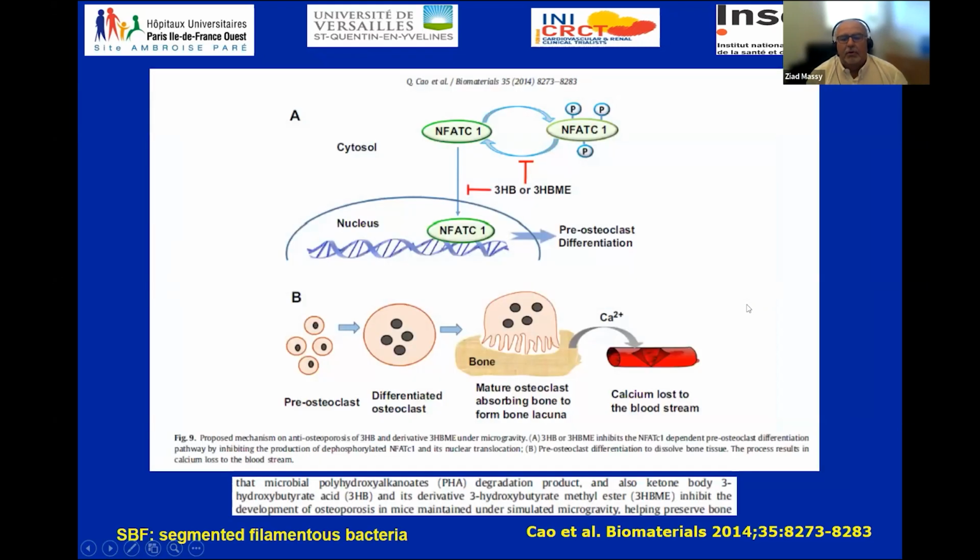There are also studies showing that butyrate can block the transcription factor called NFATc, which is dephosphorylated to become active to induce pre-osteoclast differentiation. As you can see here, butyrate blocks the differentiation and the action of NFAT on the DNA. So butyrate by itself can be a blocker of osteoclasts.